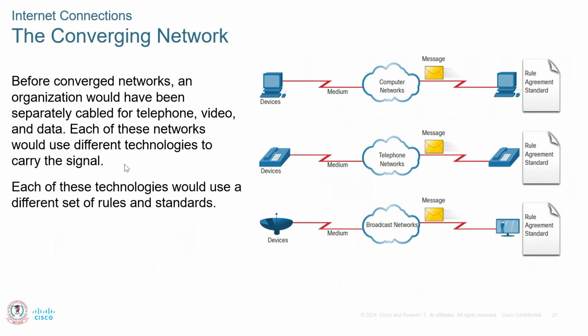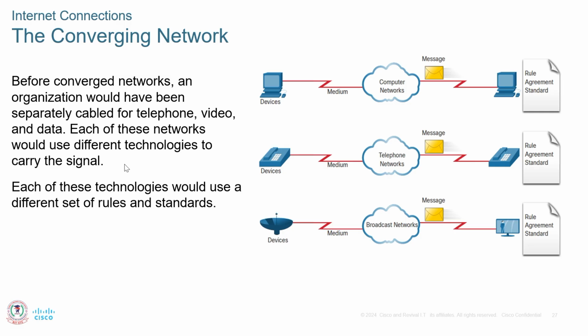The convergent network. Before converging a network, an organization would have had separate cables for phones, video, and data.